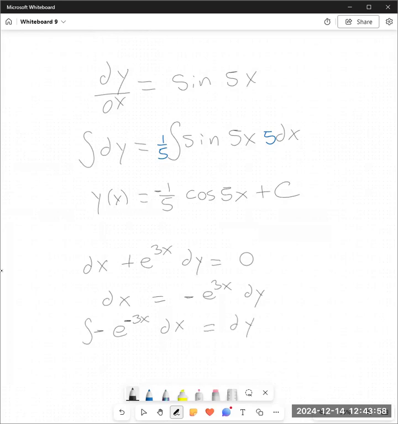We'll integrate both sides here. We'll get y of x is equal to, I need a negative 3 and a negative 1/3, and that negative negative makes a positive 1/3, e to the negative 3x plus c.